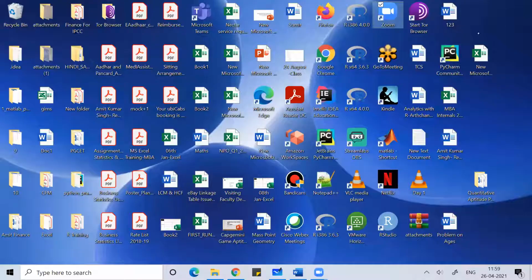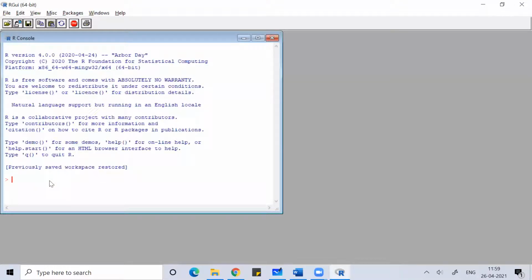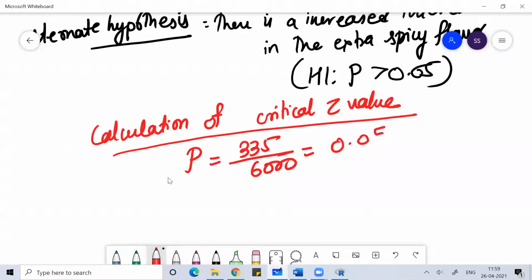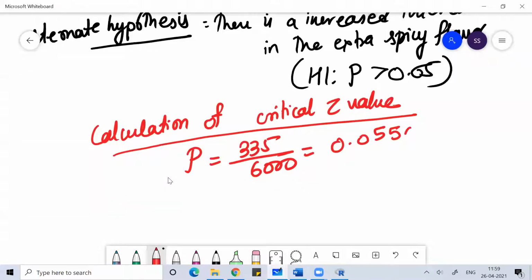So 335 divided by 6,000 is 0.055833. So you get the sample proportion.